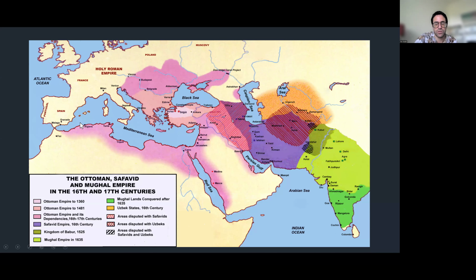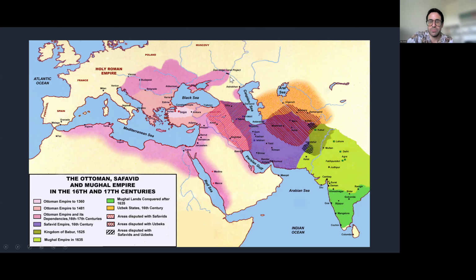And then during the reign of Suleiman, basically expanded across North Africa, even though these were vassals or places that were indirectly ruled by the Ottomans. And the same also much further into Hungary. Hungary becomes an Ottoman province.